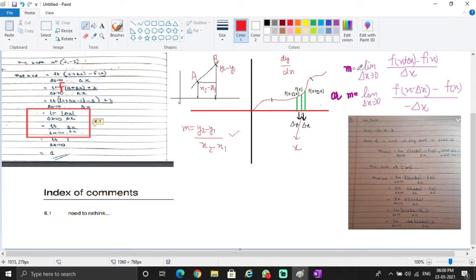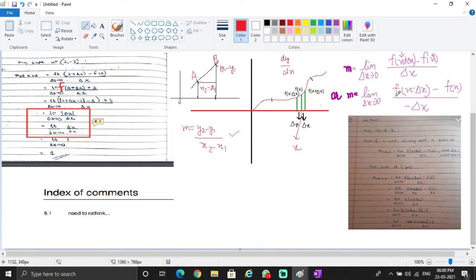Then the slope is given as the change in y, where this one is the y value in the immediate neighborhood on the right-hand side, and this is the y value at the point x. And x2 minus x1 is delta x here, because x plus delta x is bigger than x.